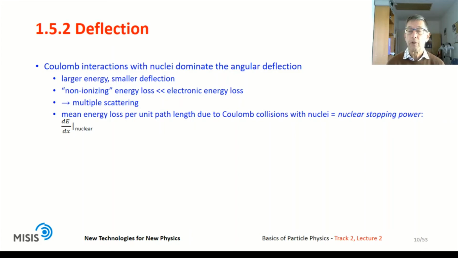This is important for the resolution not particularly of the calorimeters, but of other detectors. Analogously to the electronic stopping power, we have the nuclear stopping power, called dE/dx nuclear. It has nothing to do with nuclear interactions. It's to do with the Coulomb interactions of the nuclei.